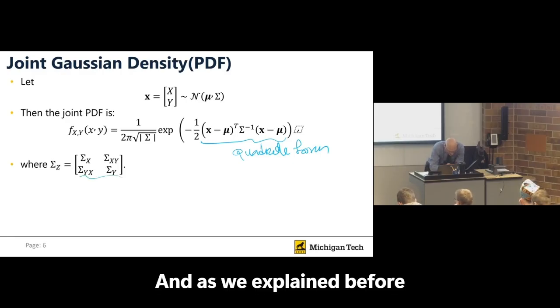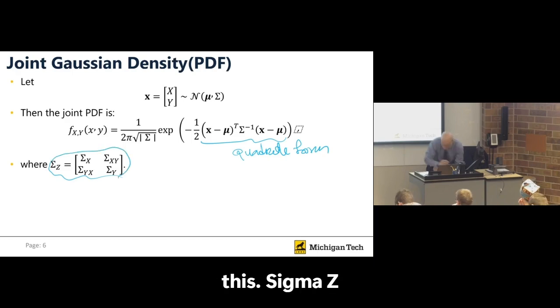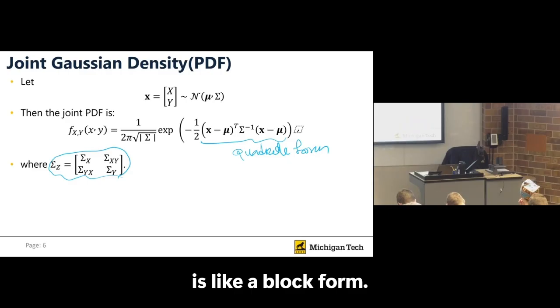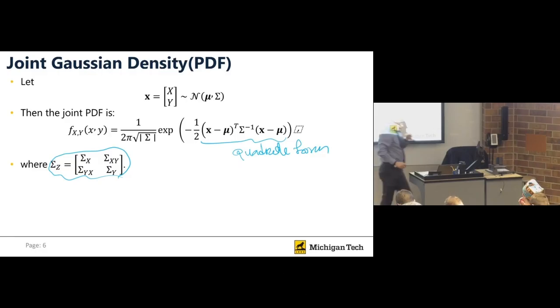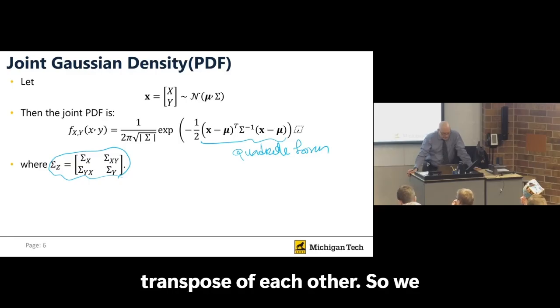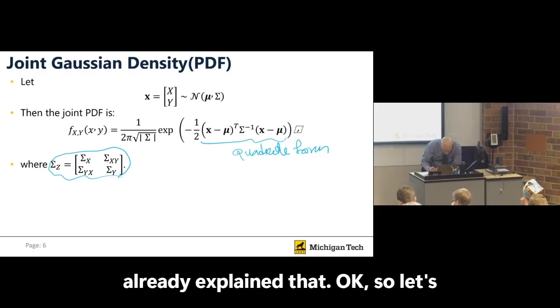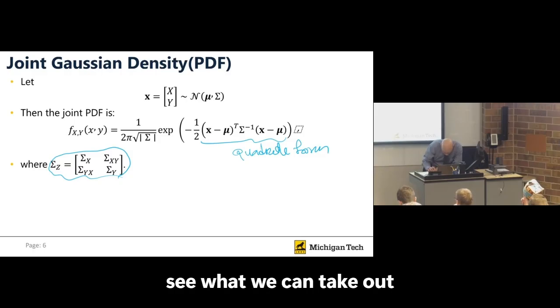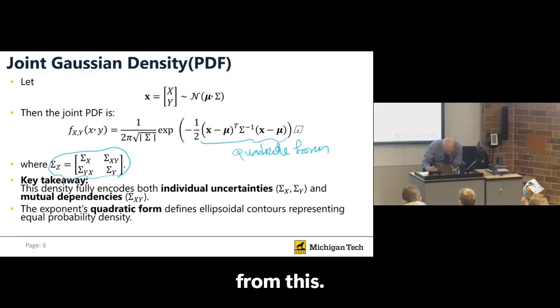And as we explained before, this sigma is like a block form. We have sigma x, sigma y, and sigma yx and sigma xy that are transposes of each other. So we already explained that. Okay, so let's see what we can take out from this.